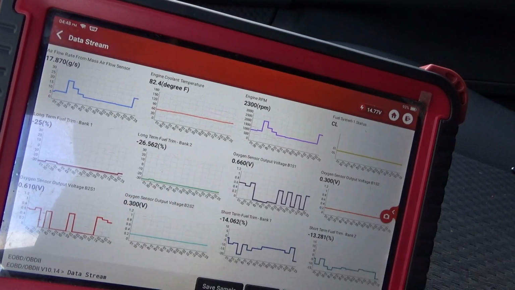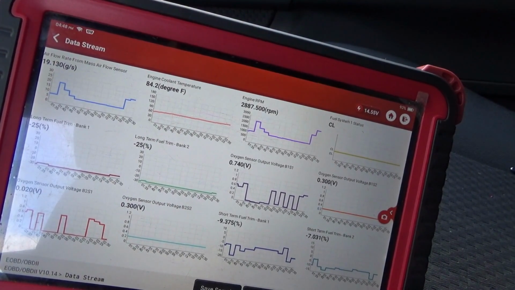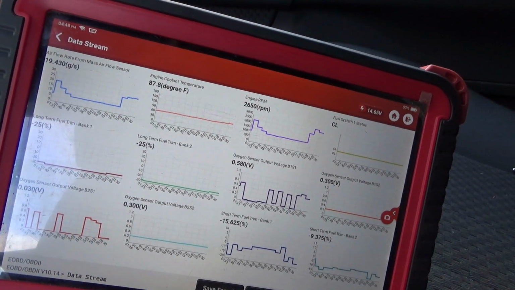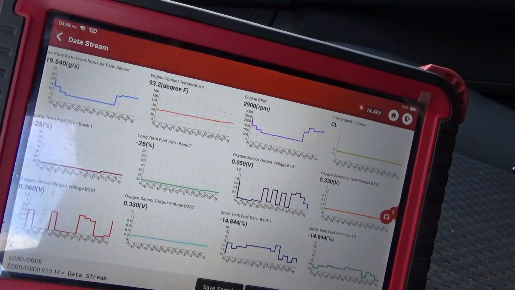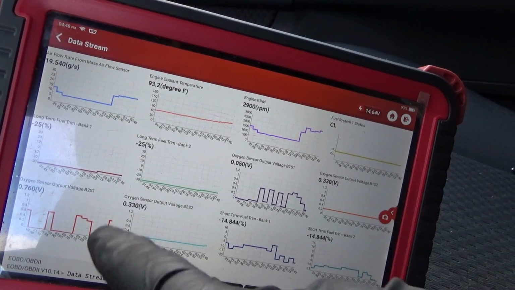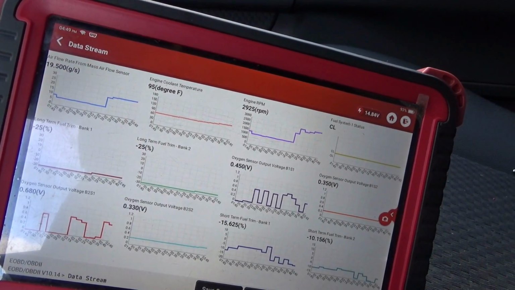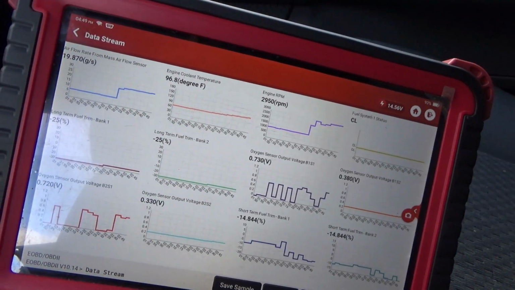So I'm going to hold the RPMs up a bit. It's in fuel control at least. But still, minus 25 and minus 15, so minus 40% almost. Okay, let it back down to an idle.